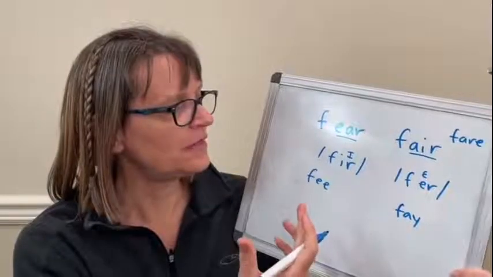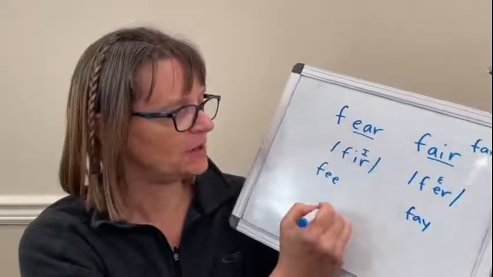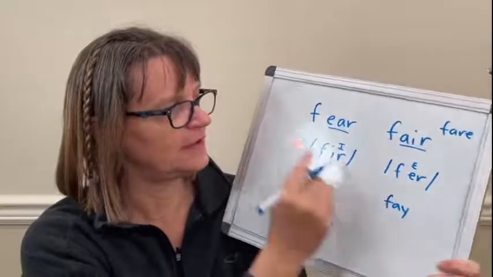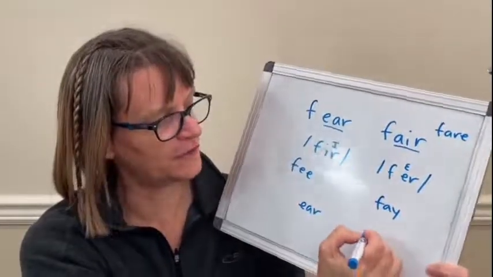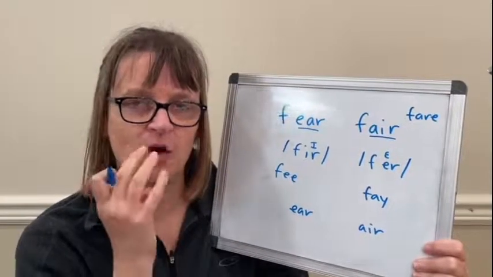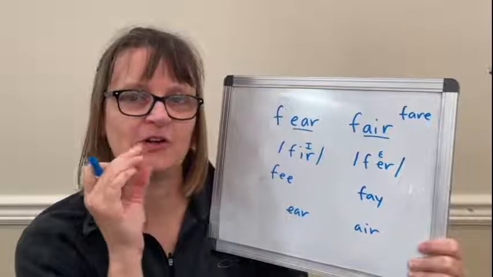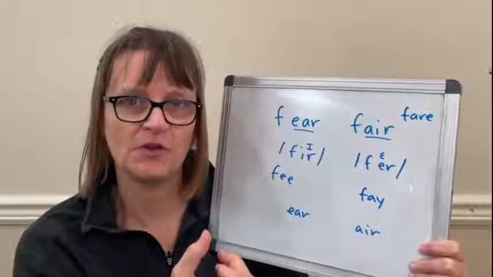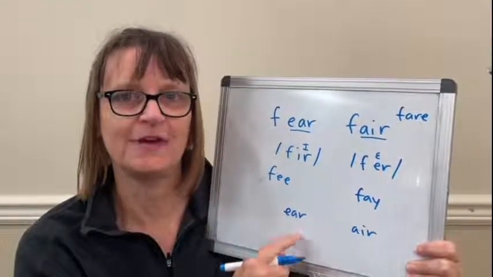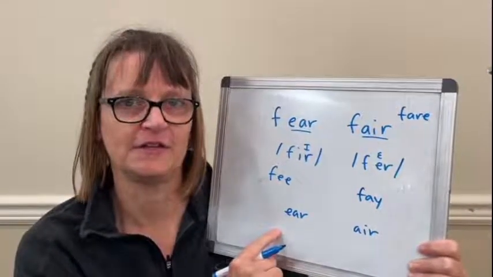The other thing that I think is probably helpful for most people is to leave the F off at first. So just try saying air, stay open on that A, air, and then ear, you're going to be more closed. Then once you can say air and ear, add your F sound back, fair and fear.